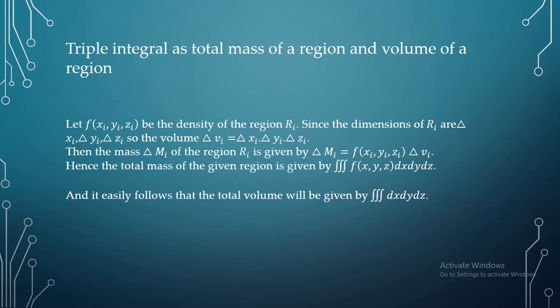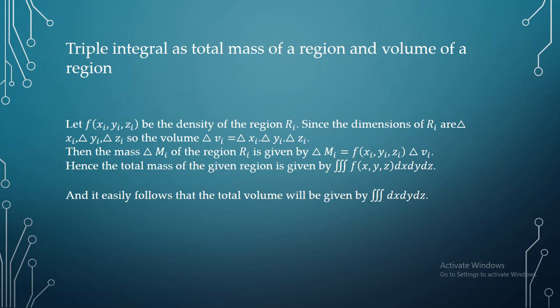Since the dimensions of this region Ri are delta xi, delta yi and delta zi, the volume delta vi will be delta xi into delta yi into delta zi, because the volume of a cube is length into breadth into height.